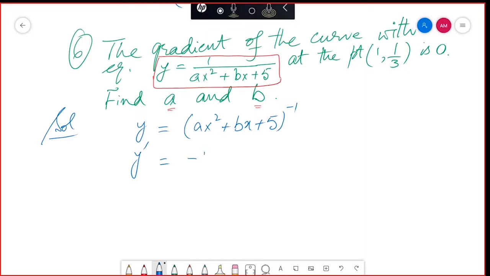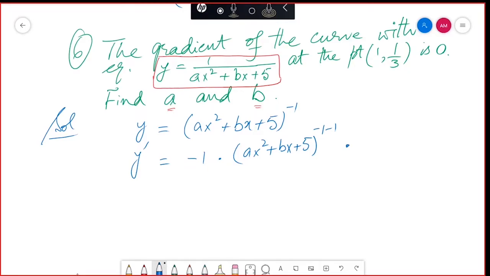So the minus comes here, and minus 1 times. I rub it because maybe this x confuses with the multiplication, so I just put a dot instead of x. Then ax square plus bx plus 5 to the power minus 1 minus 2. So far so good.